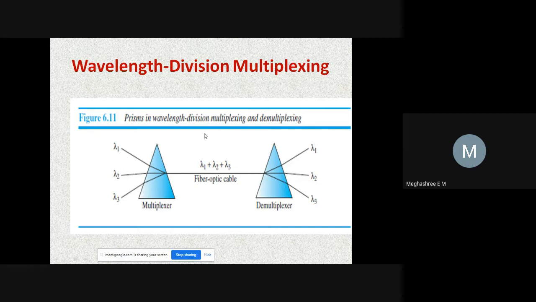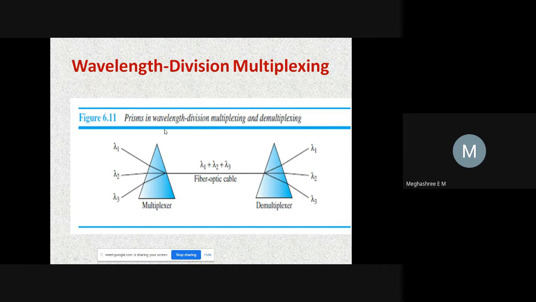The same thing is used here. This represents the prism, the shape, right? This prism bends a beam of light based on the angle of incidence and frequency. The same logic is used here.